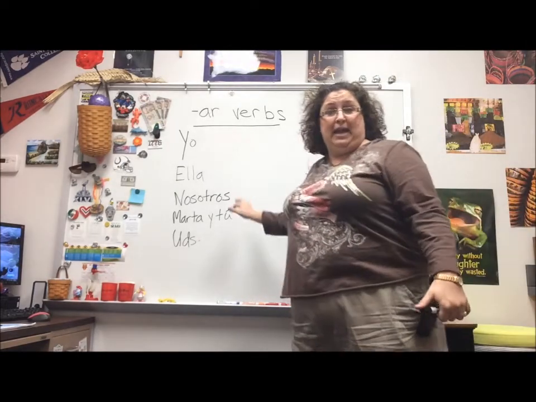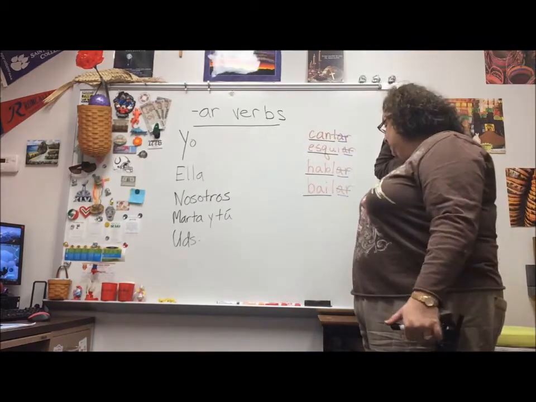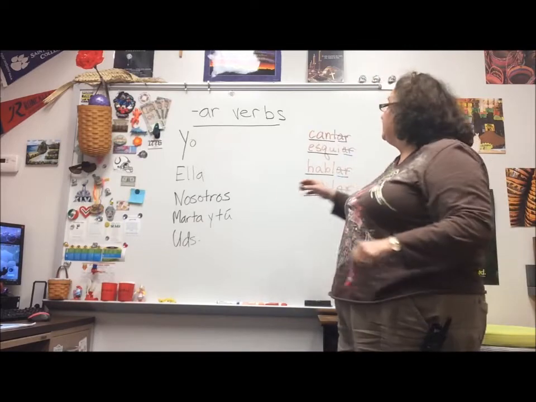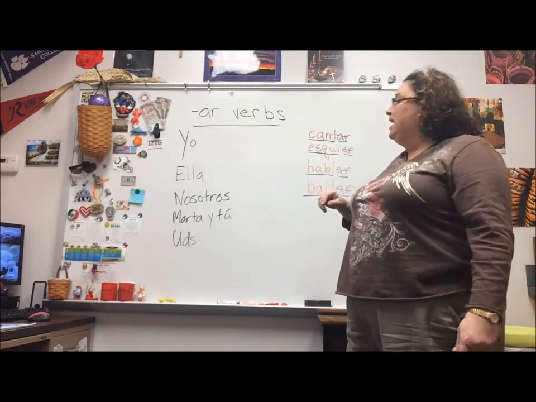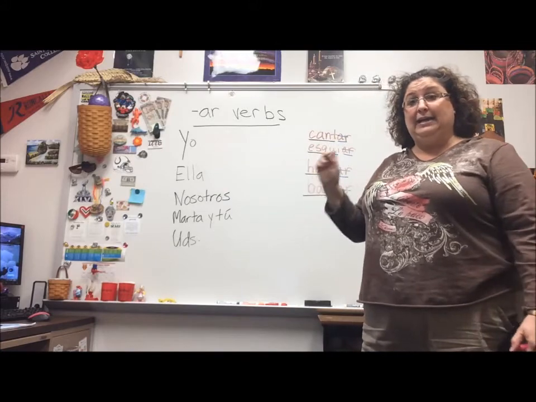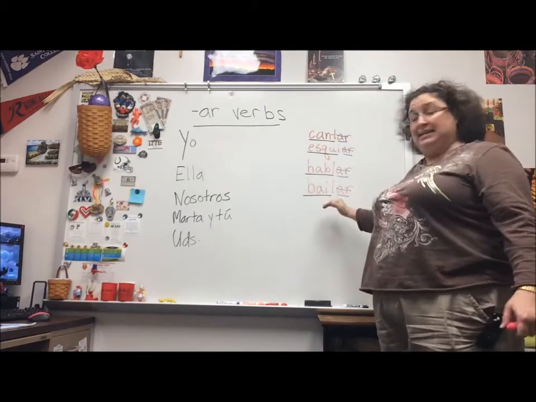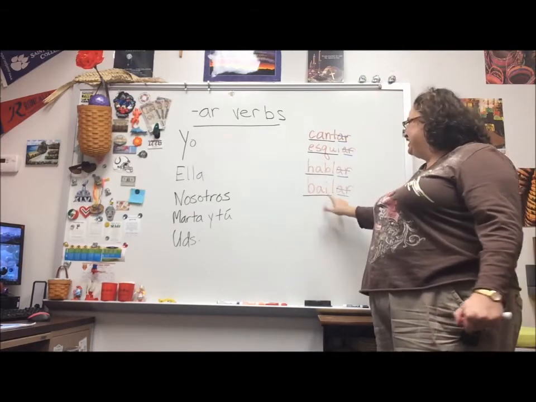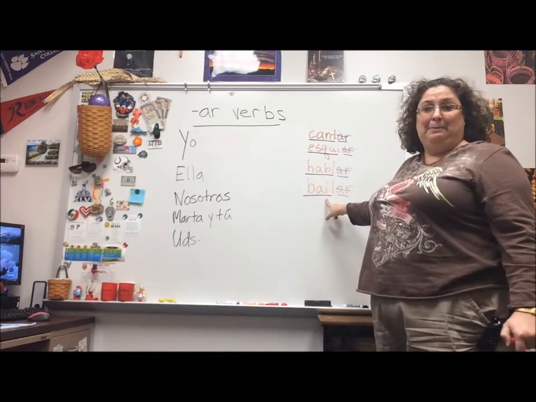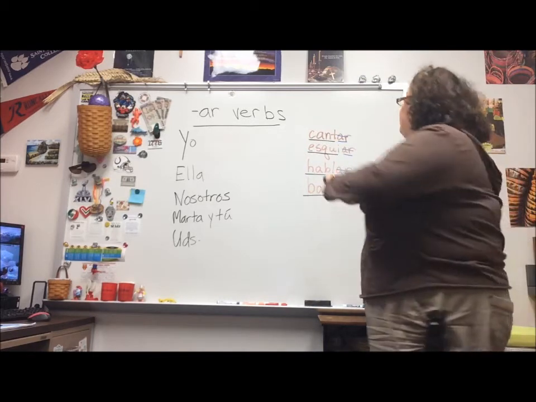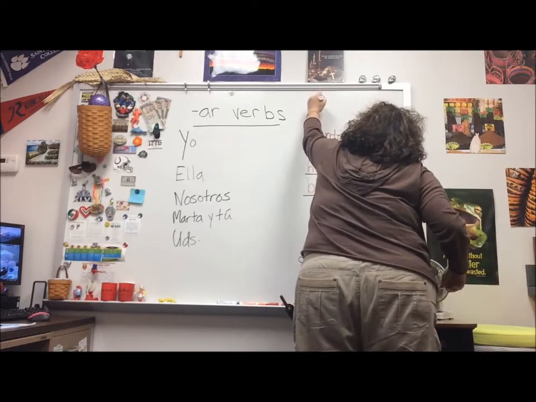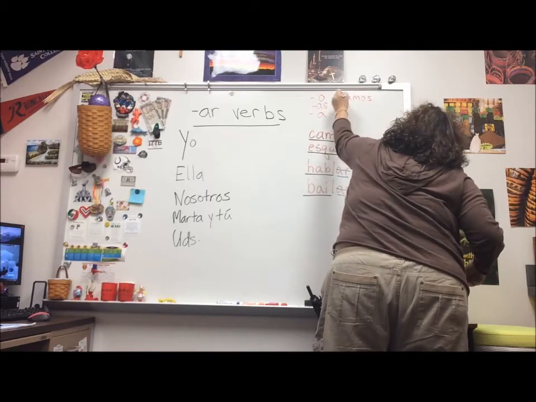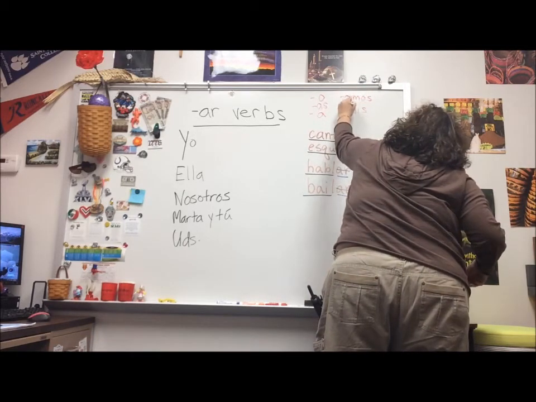Now we're going to play our matchy-matchy game. It's just matchy-matchy, that's all it is. So we are going to take our pink marker, because I like pink, and the first thing we're going to say is, I dance. So we have to figure out which verb is to dance. That's right, it's bailar. Remember, o, as, a, amos, áis, an.